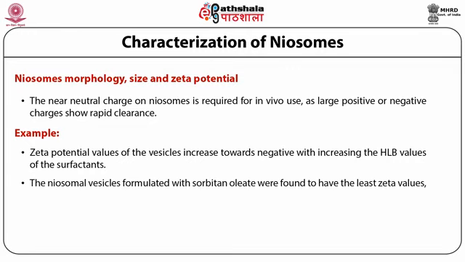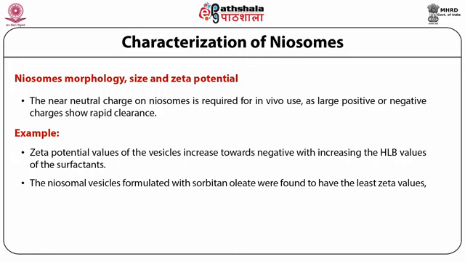The neosomal vesicles formulated with sorbitan oleate were found to have the least zeta values, ranging from -16 to -45 millivolts, compared to the vesicles formulated with sorbitan laurate, showing higher zeta values ranging from -25 to -91.